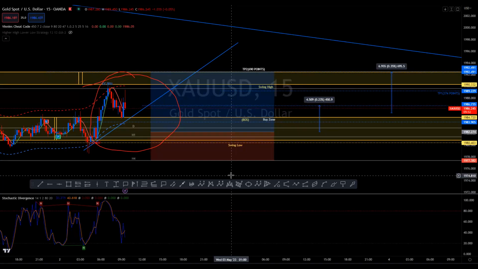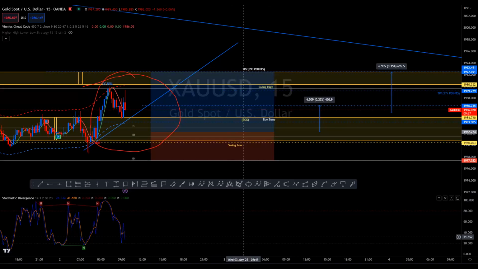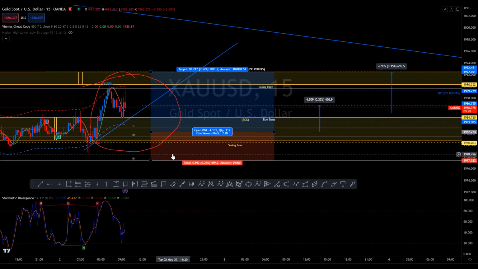It's going to pull back here. Locked in my profit when I had the chance to. But we're going to continue to watch price action.